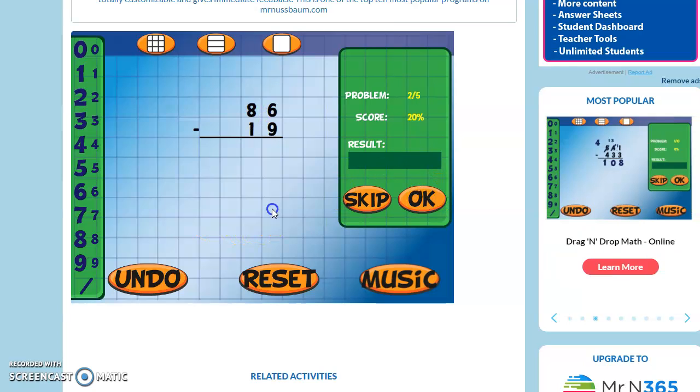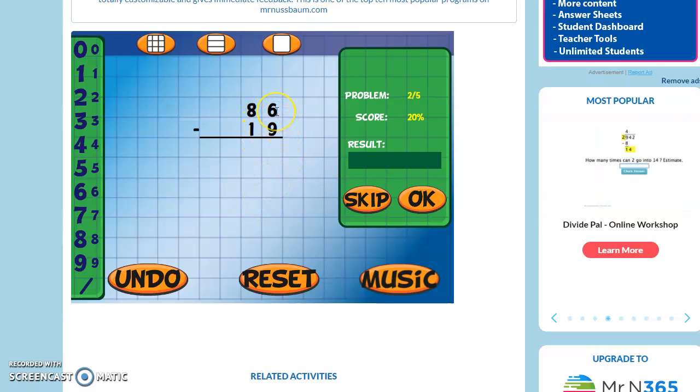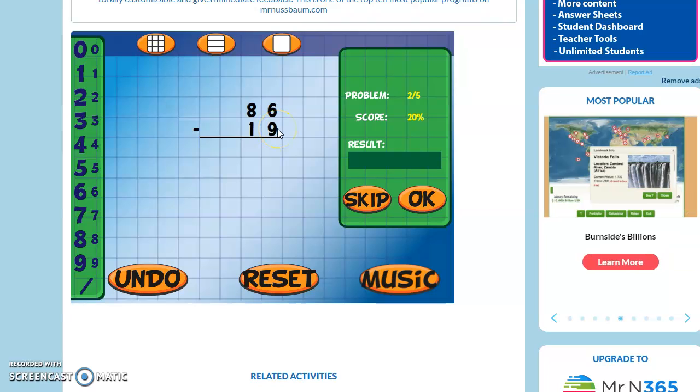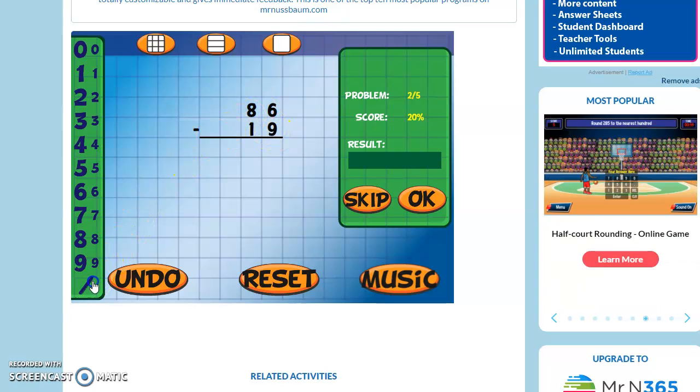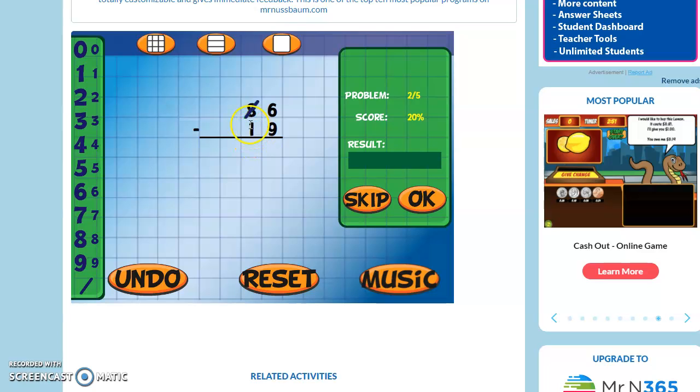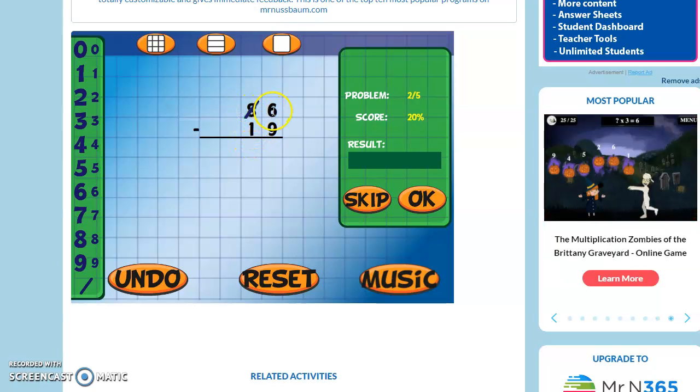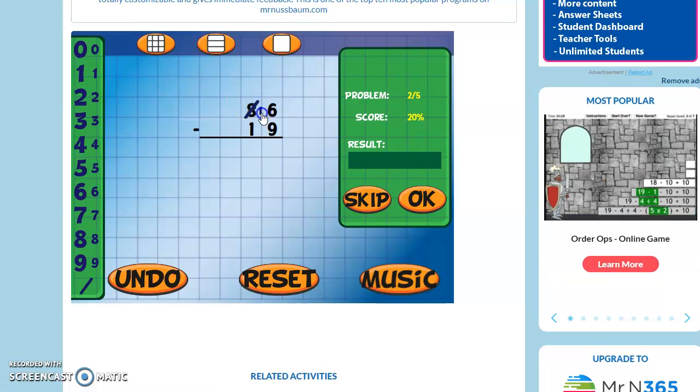Okay. Then I'm going to go to my next problem. Now this one, it tells me that I have to take 6 minus 9. I can't take 9 away from 6, so I have to go over. I have to regroup. Okay, I'm going to shift one of these over, which means I'm going to have 16.